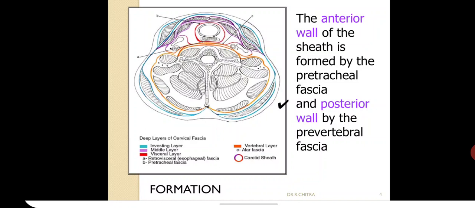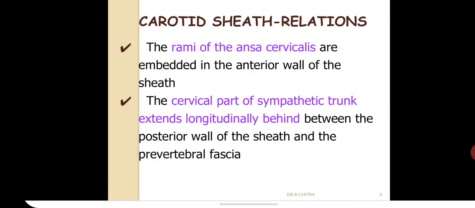Next is formation. So we have seen in the deep cervical fascia, pretracheal fascia is forming the anterior wall of the carotid sheath and prevertebral fascia is forming the posterior wall of the carotid sheath. So relations of the carotid sheath: inside the sheath we have seen.